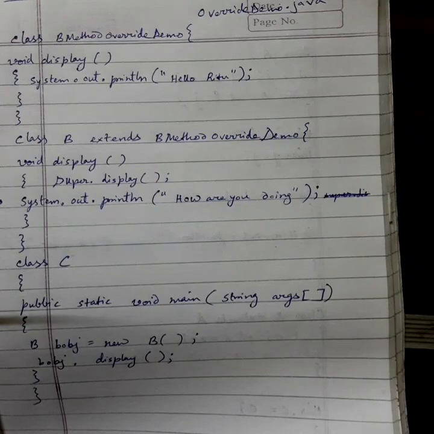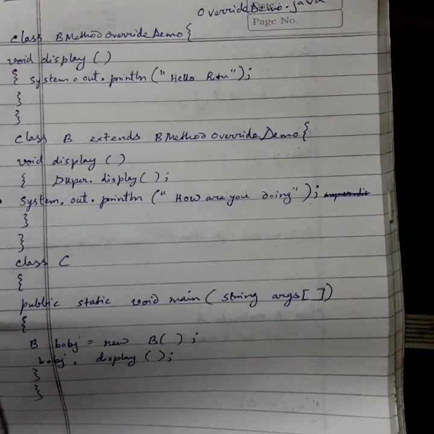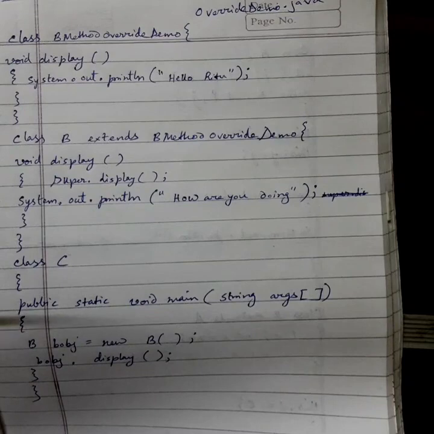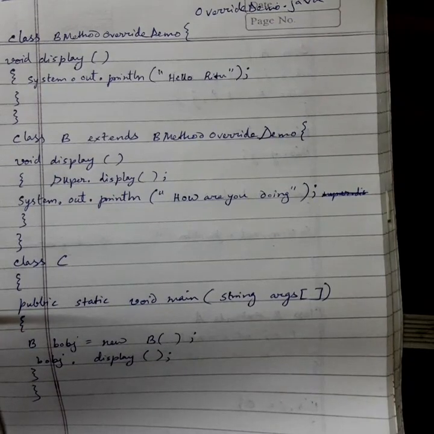Which is why it endorses the concept of runtime polymorphism. We call method overriding runtime polymorphism, dynamic binding, dynamic memory binding, and dynamic memory allocation.